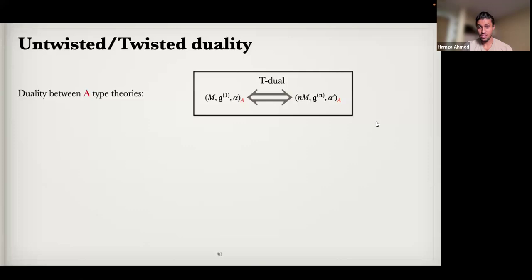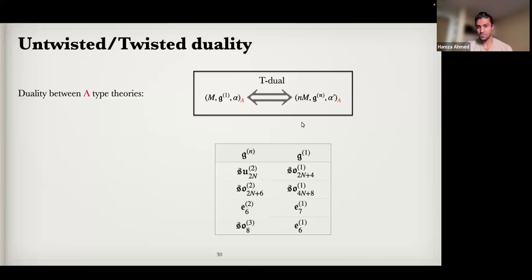In particular, the G's that satisfy this are given here. These are the twisted affine algebras, and these are the regular affine algebras. And we found that there should be a duality between these if M is related in this way on both sides.